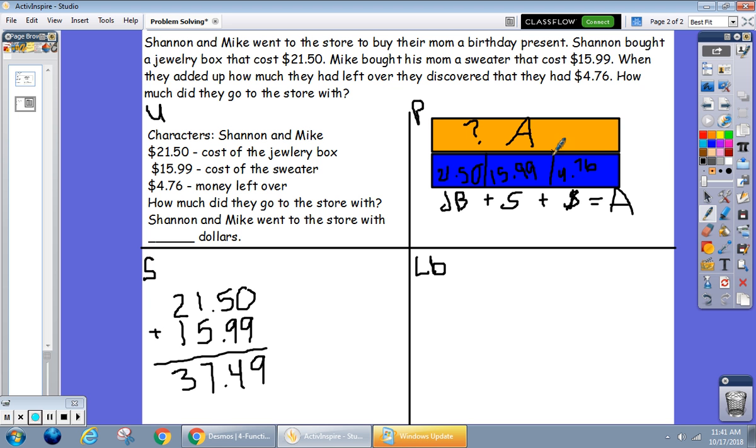All right, so now I'm going to add it back up and see, I need to add the amount that I had left over. That's how much I spent. So let's add that number plus the amount that I had left in the end.